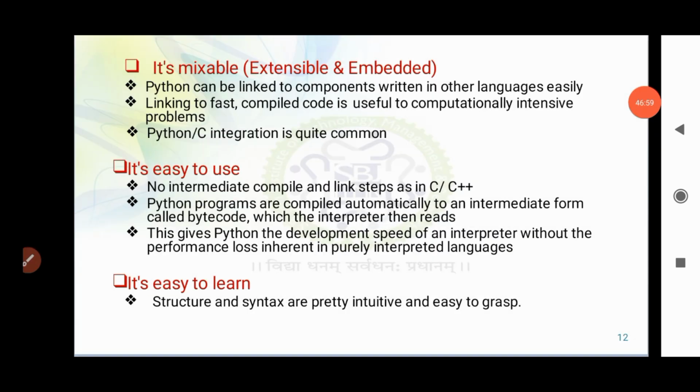The next feature here is that Python is mixable. That means it can also be called extensible and embedded. Why is it so? Because we can use other language programs in Python. As we have already seen, we can embed Python programs anywhere, as it is very easy to integrate with other languages like C, C++ and Java.